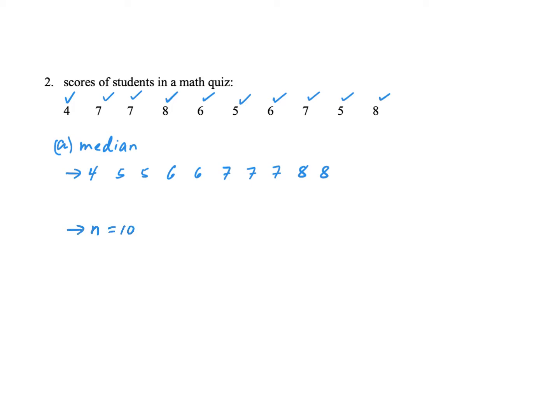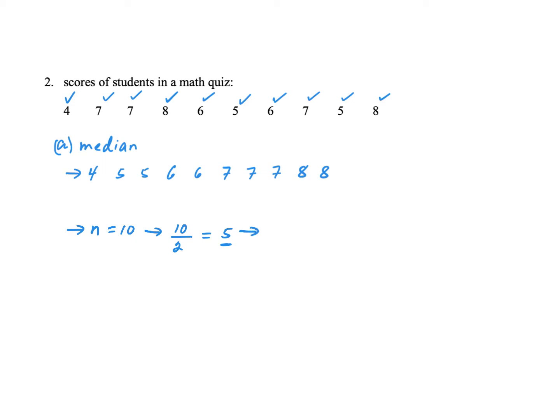Again, because it's small, it's easy to see what the middle value is. But just to show the calculation, because we are looking for the middle value, we will have 10 divided by 2, and that's equal to 5. So this whole number result here means that there are 2 middle values, and in this case, it's the 5th and the 6th.